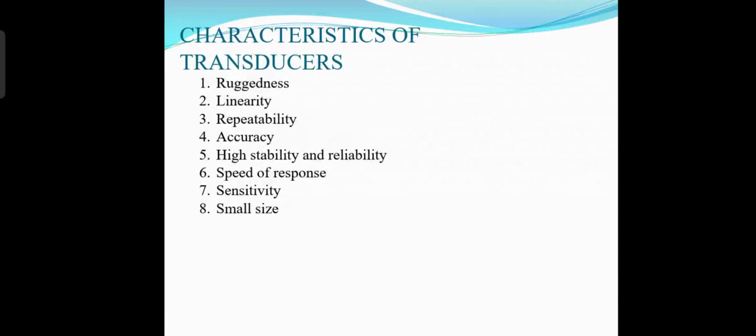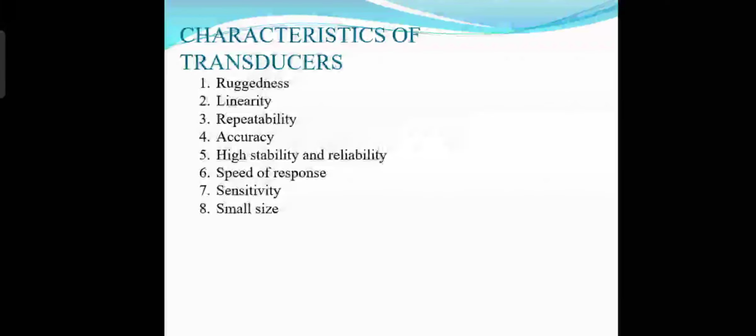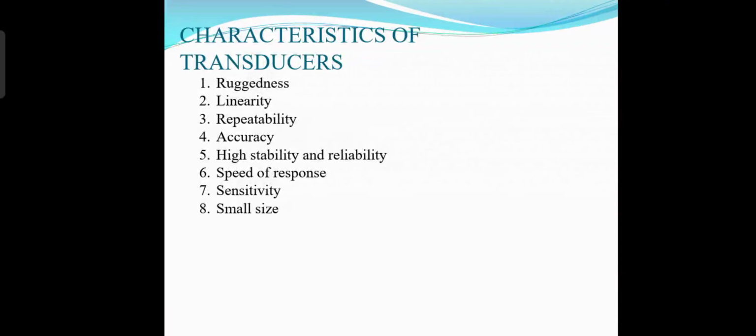The output must remain unaffected by environmental conditions such as change in temperature, pressure, etc. The next one is speed of response. Speed of response is defined as the rapidity with which the transducer responds to a change in the measured quantity. The speed of response of the transducer should be as high as practicable.